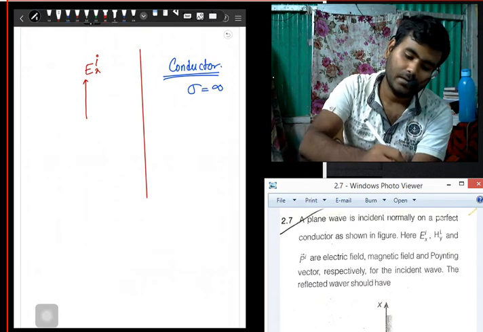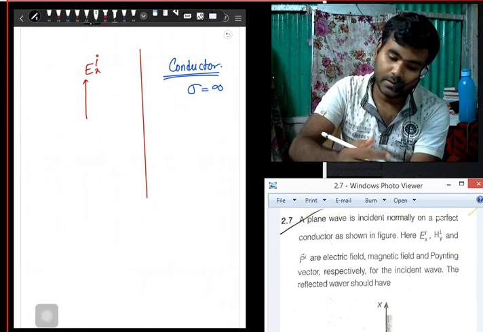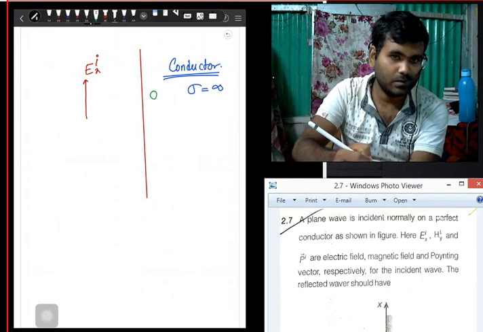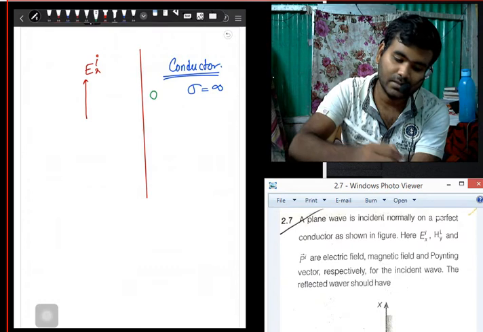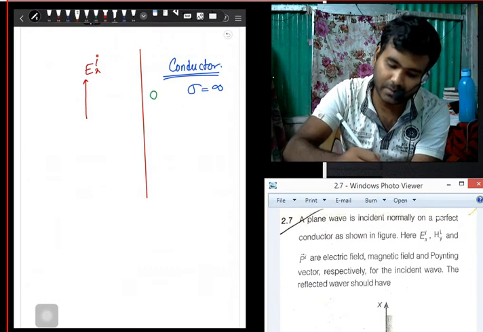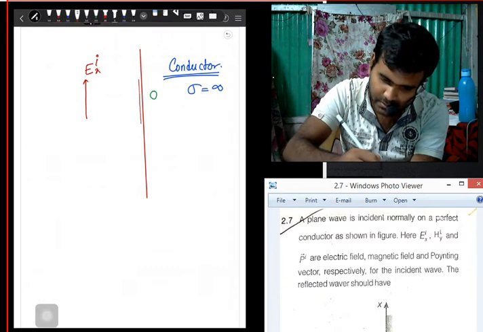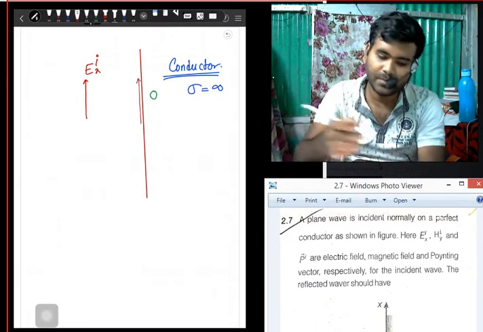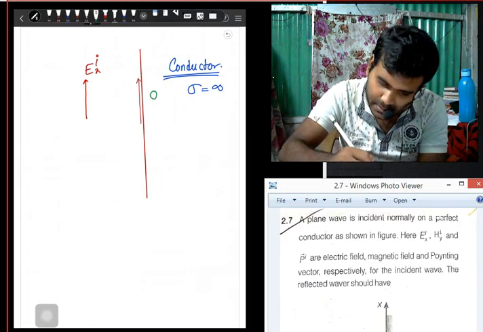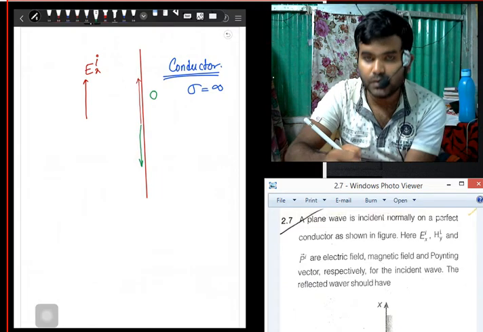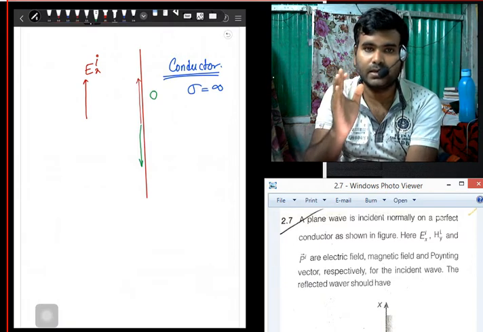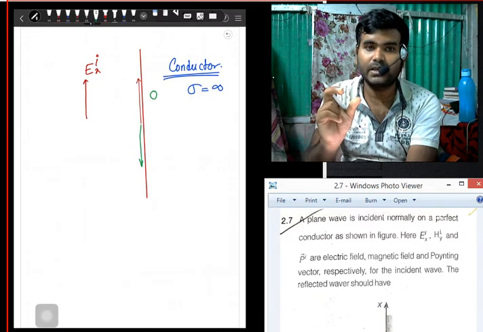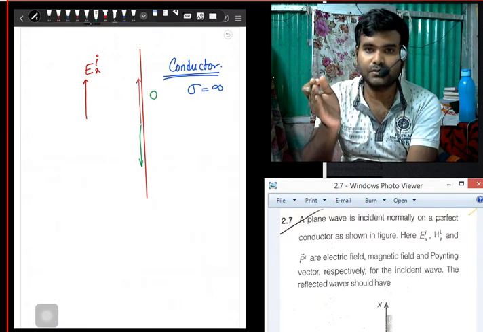But we also know the fields inside this ideal conductor are 0. In order to satisfy this boundary condition, when this electric field comes just across this interface, there will be a self-generated electric field which will cancel the incident electric field, in order to maintain the condition that the electric field is continuous across the boundary.